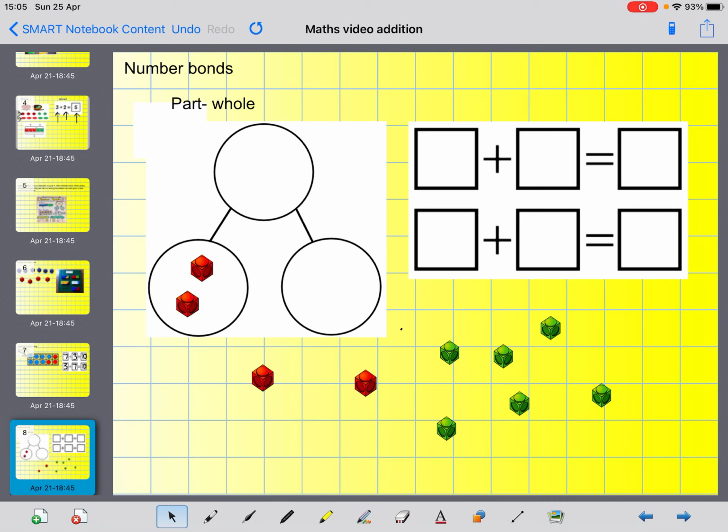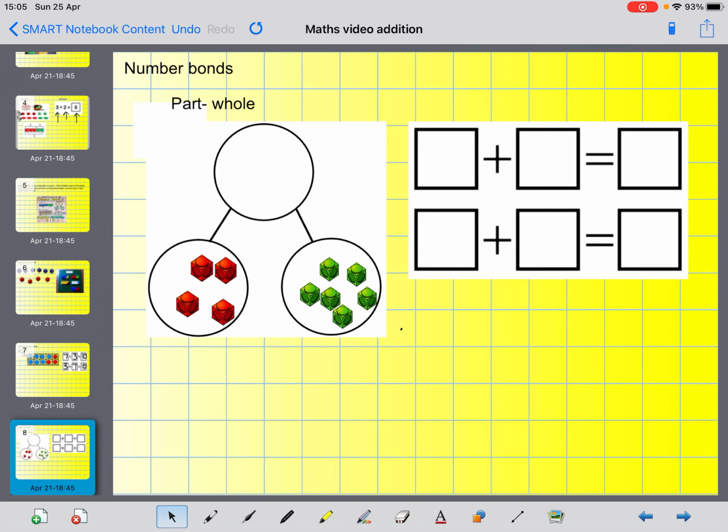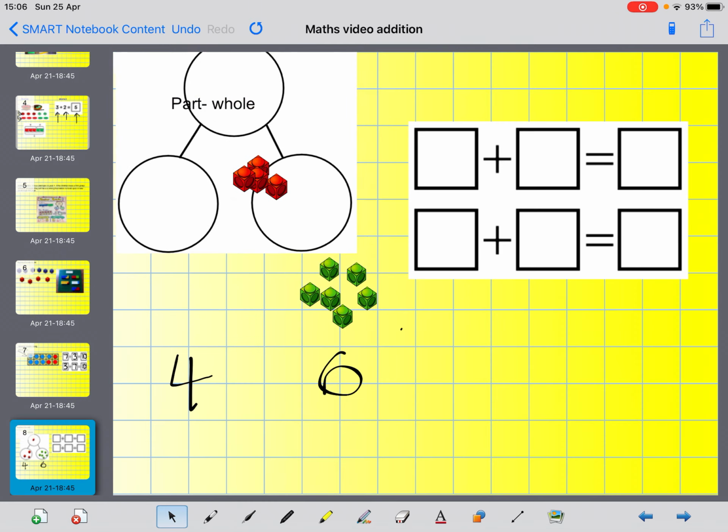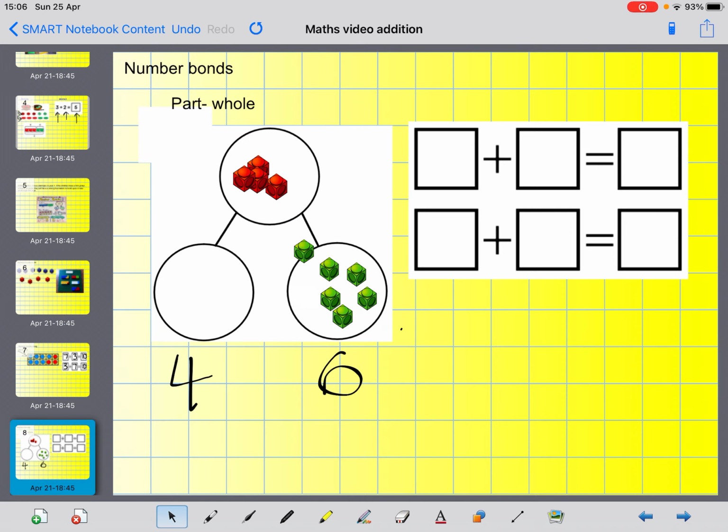So for example, I've got here in my first part 4 red, and I also can put extra green on another part. So here's 4, and I've got here 6. When I add this all together, I can move them with my objects if I need.